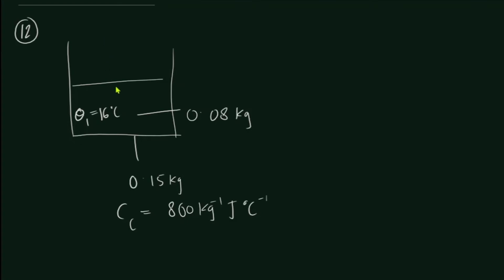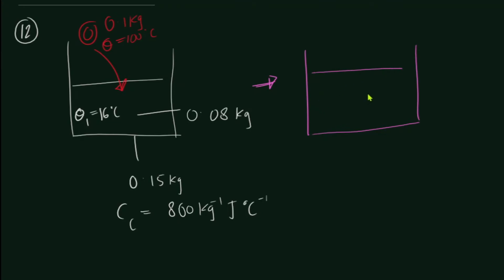So into this they are inserting a ring of mass 0.1 kilogram, at a temperature of 100 degrees Celsius. What happens as a result?